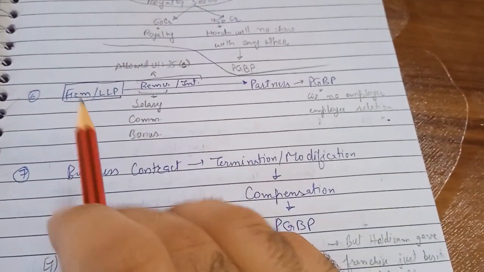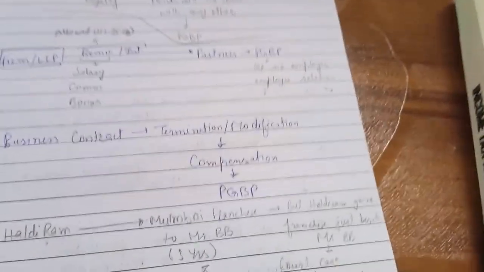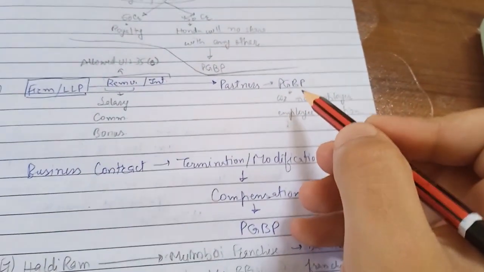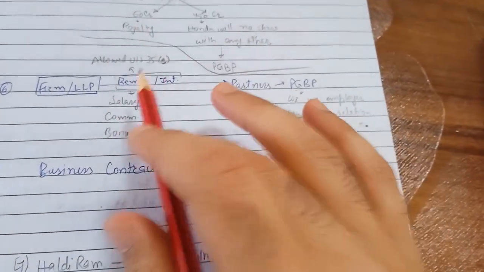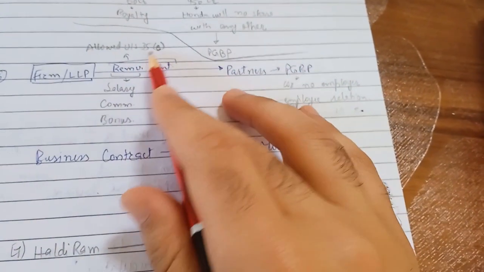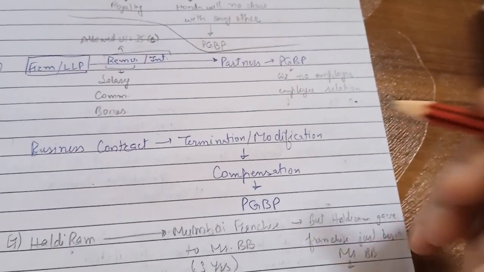After that, if a firm pays remuneration or interest to partners, it's stated under PGBP. But this remuneration includes salary, commission, bonus, allowed under Section 35E. It is studied in chapter number 6, not here.